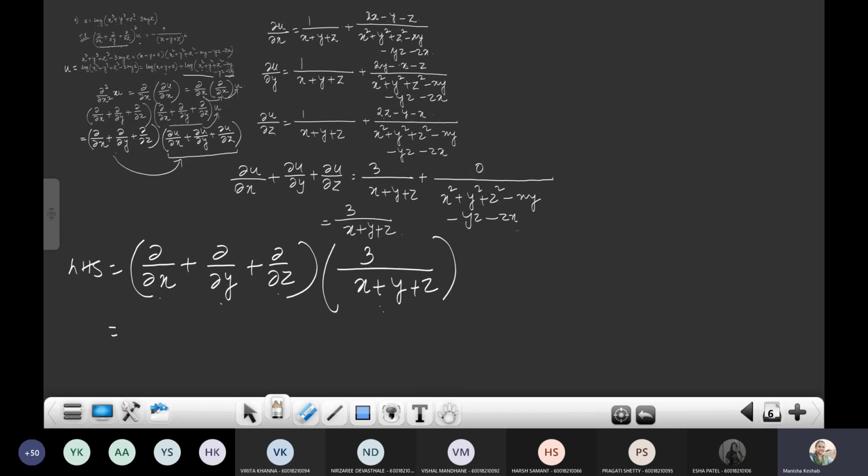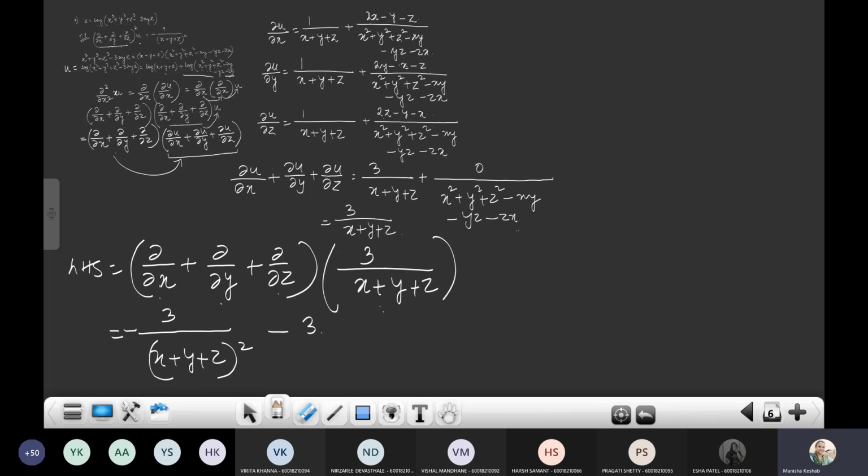So let us see, or directly you can write here, which is equal to, now del x, if we differentiate this, it is of the form 1 upon x or u by v. So you will get minus 1 by x plus y plus z whole square, and 3 is constant, and then differentiation of x with respect to x, that is 1.